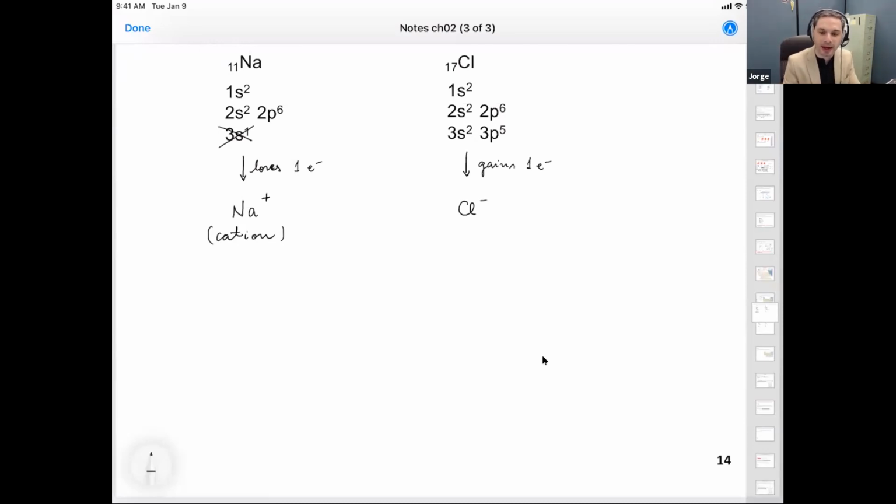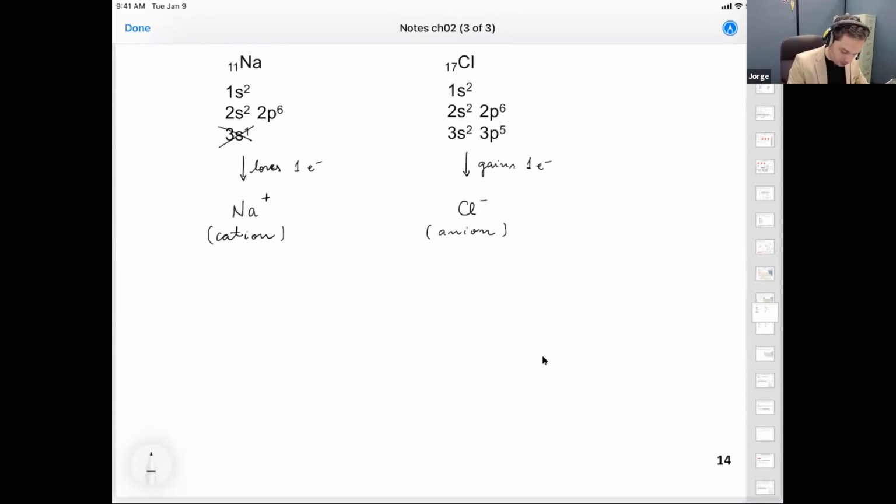And every time you have an element with a negative charge, this element receives the name of an anion. Okay, so we have the 2 pieces of the puzzle. 1 element that needs to lose electrons and another element that needs to gain electrons. So that's the perfect marriage.